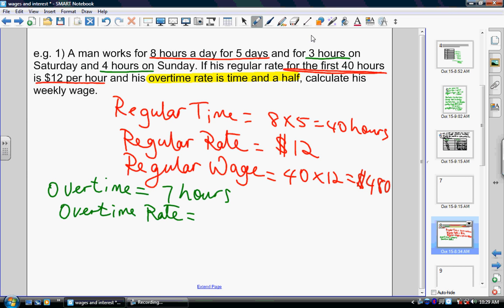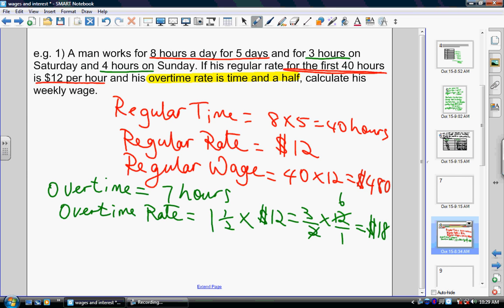So his overtime rate is 1.5 times his regular rate, which is, what is 1.5 times 12? Which is $18 per hour. He must get paid more per hour for overtime. That's just how it is, okay? That's why they call it overtime.